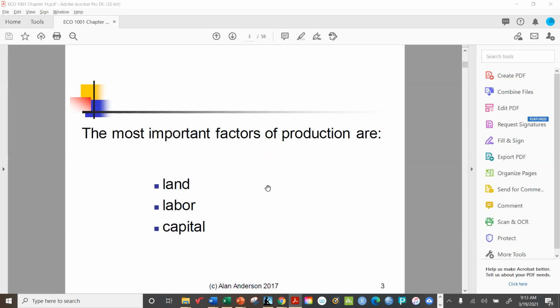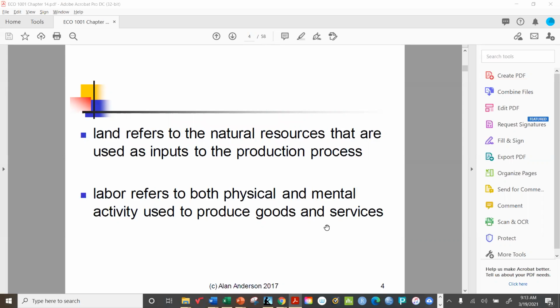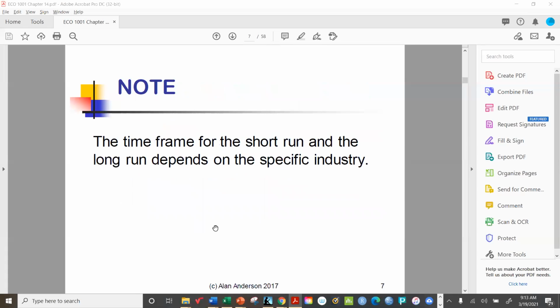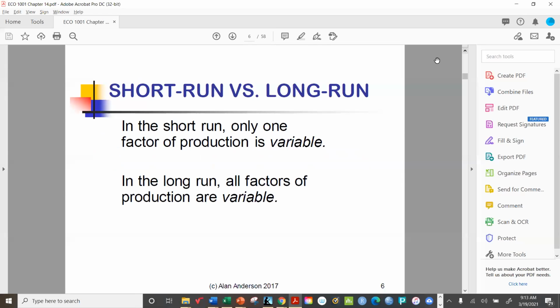So we're going to make the following assumption. The short run is a time frame within which we cannot change the amount of land and capital that we have. All right, so the short run means land and capital are fixed.